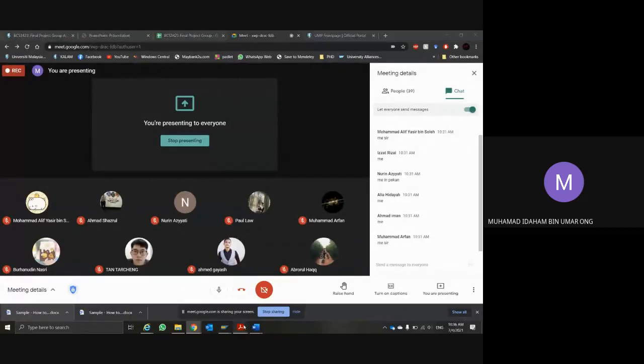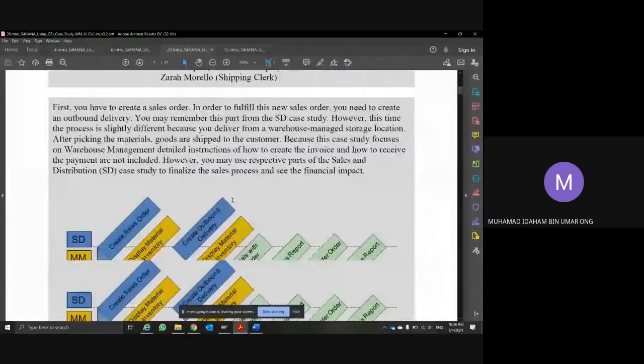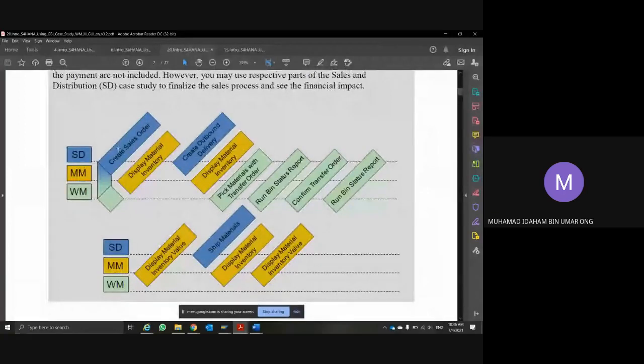Okay, now IWM case 3. This is basically the warehouse, when you need to deliver something. This is related to sales. You are taking items out of your inventory. So when you approach a company, let's say, for example, a tailor.